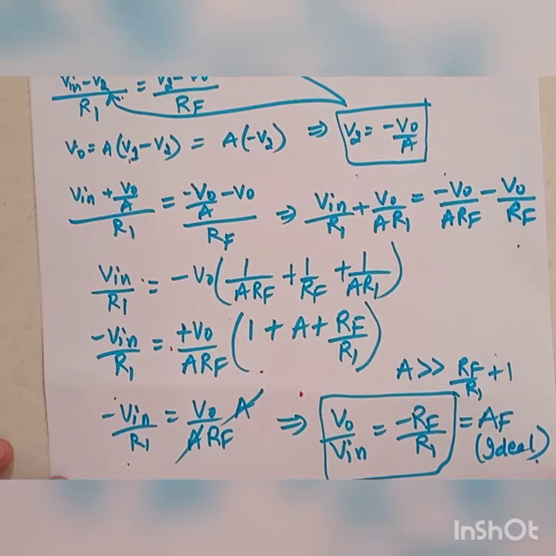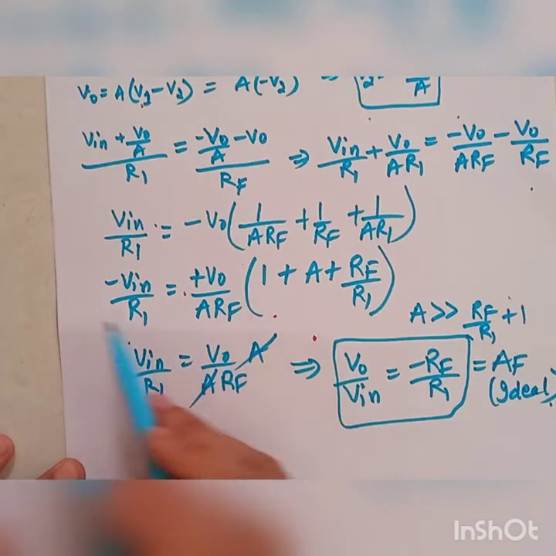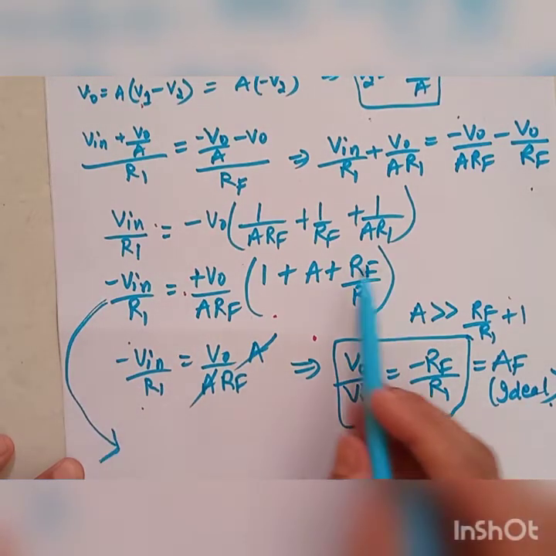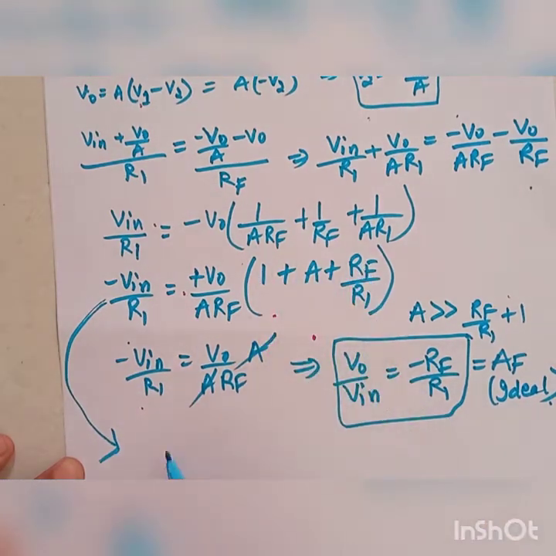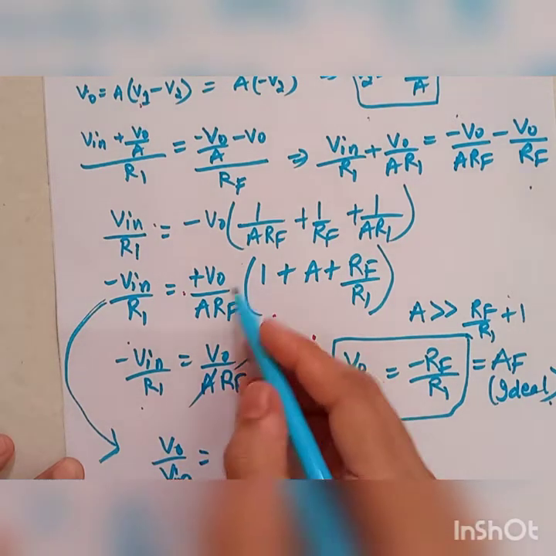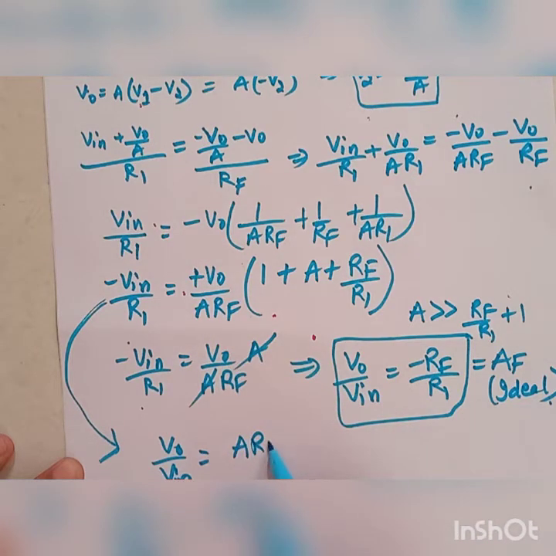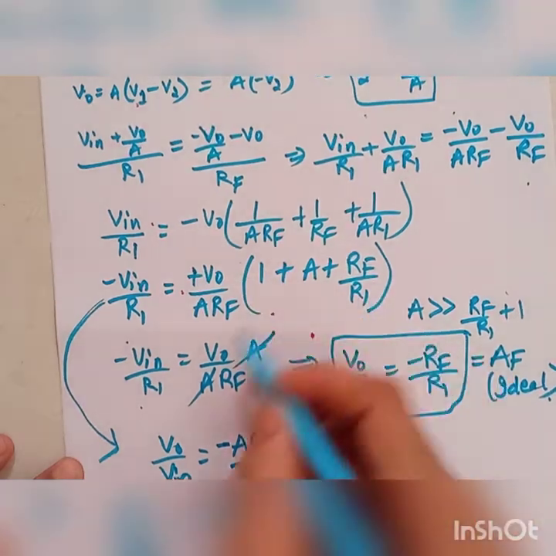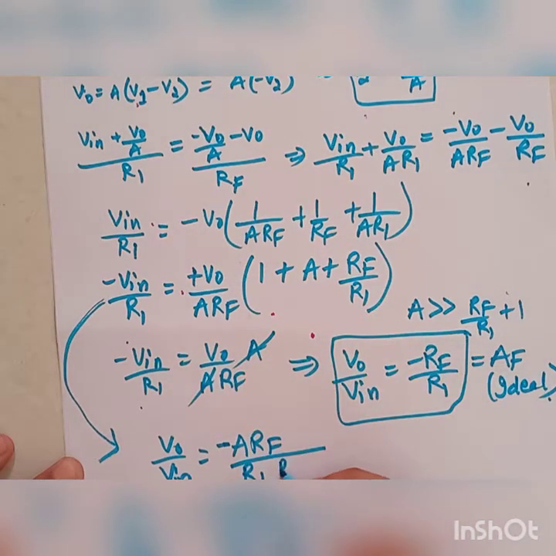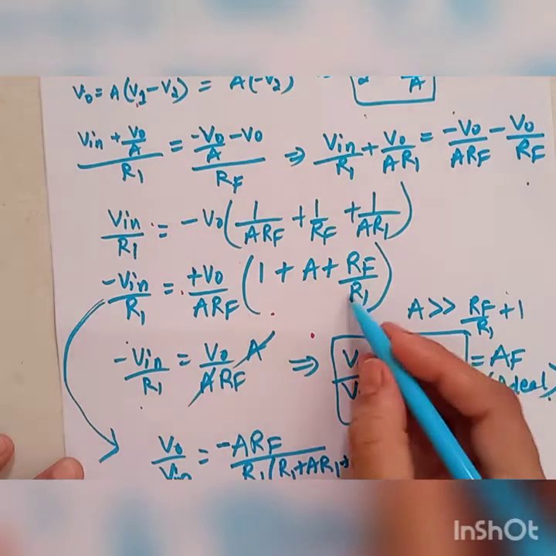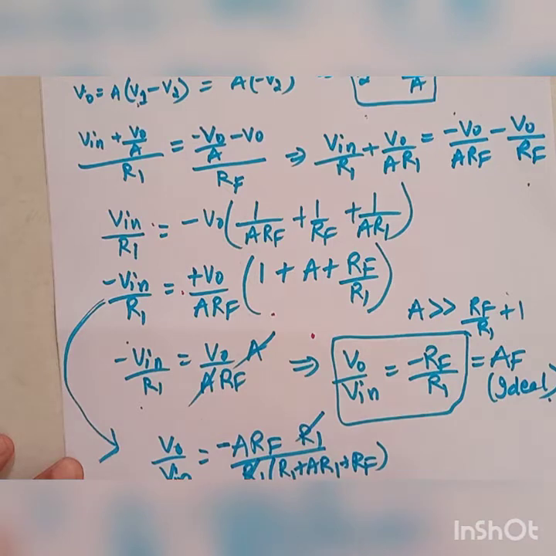Now let's see the exact value. From here, if I don't ignore 1 plus RF by R1, then your V0 by V in can be written as: this A RF goes up, this R1 stays here with the minus sign, and this term comes down. So this will be R1 plus A R1 plus RF. This R1 will go up, R1 cancels, so I will get this term. Now this is your exact value of AF.